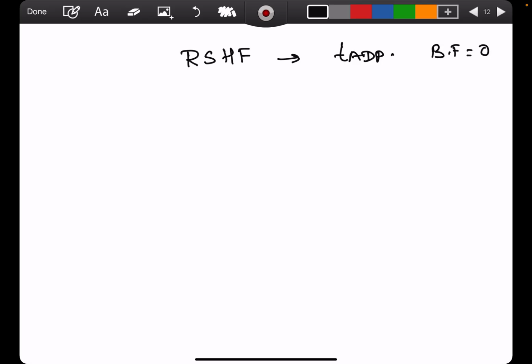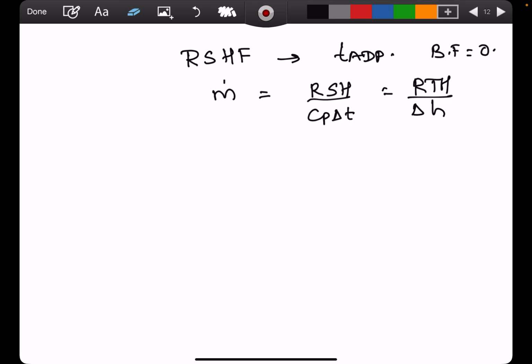Then you get the mass flow rate by either room sensible heat upon Cp delta T or room total heat upon delta H. Once you get the mass flow rate, you estimate the mixture condition, because here it is the ventilation plus the room load.